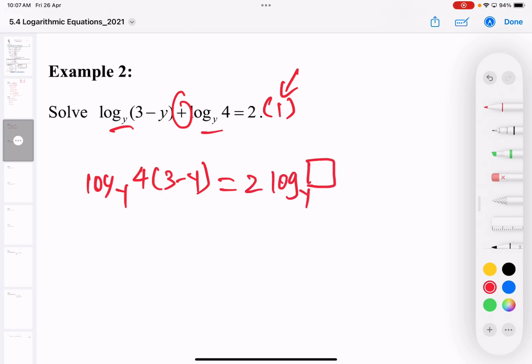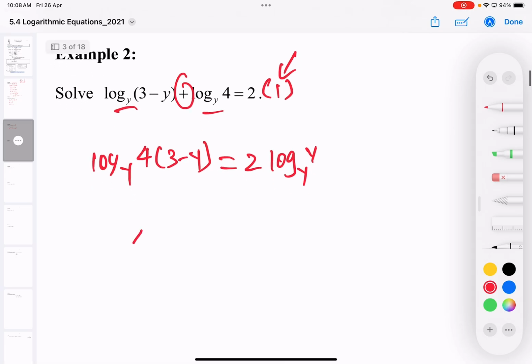But my question is, what do I need to put here such that it can be 1? I told you guys the two numbers must be the same. Right? So should it be 1 or should it be y? y.